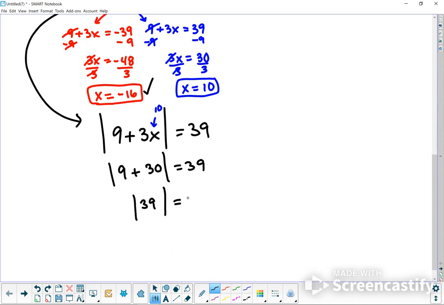And that's going to equal, and again, you copy down, 39. And the absolute value of 39 is 39, which is equal to 39. So this side, you're just copying it down, and this side right here on the left, you are actually doing the work. So since it works, that is your answer.